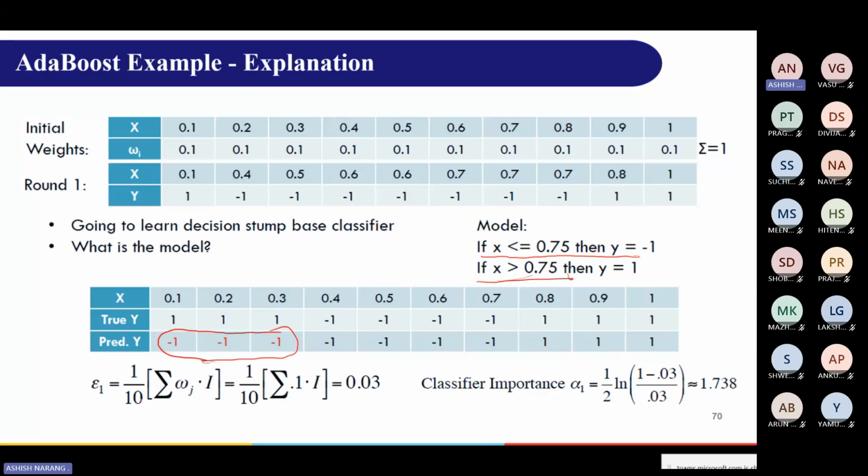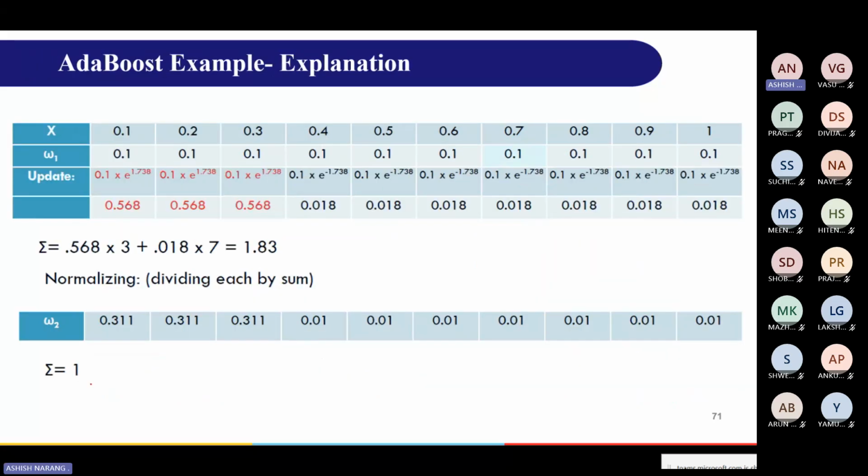If you look at 1 by 10 summation j, this 0.03, the classifier importance is this much. 0.03 is the error it is producing, and the importance is 1.738, right?